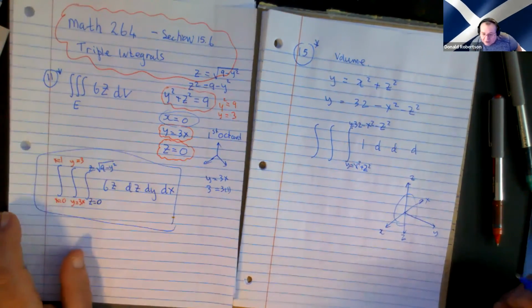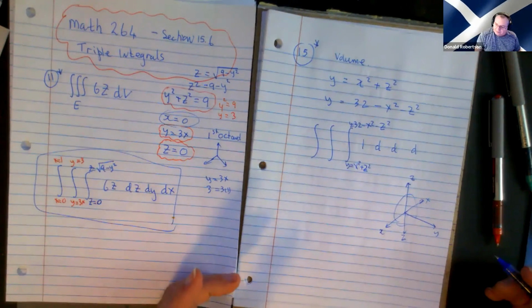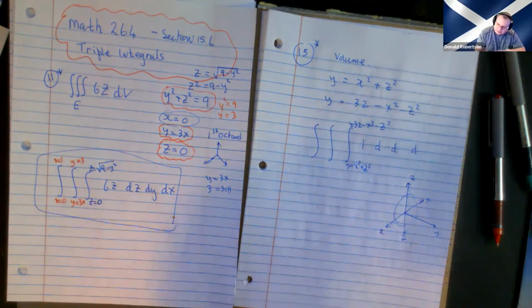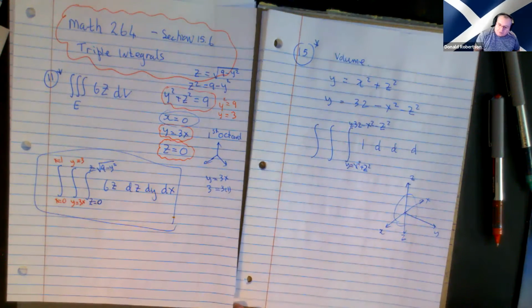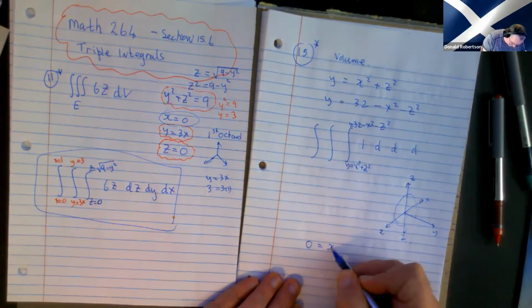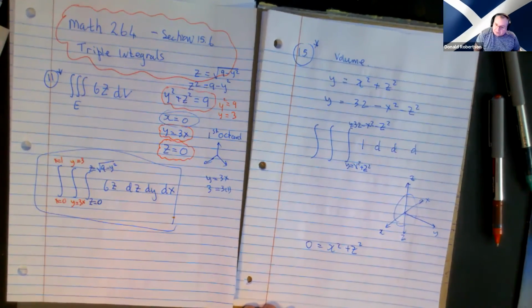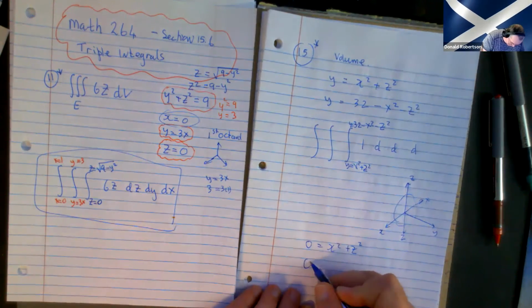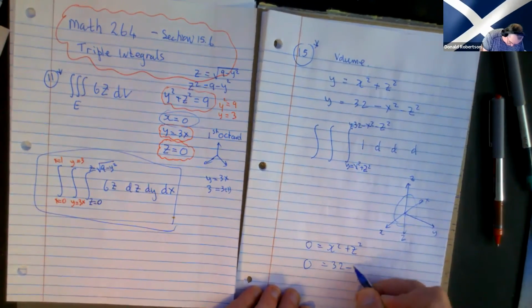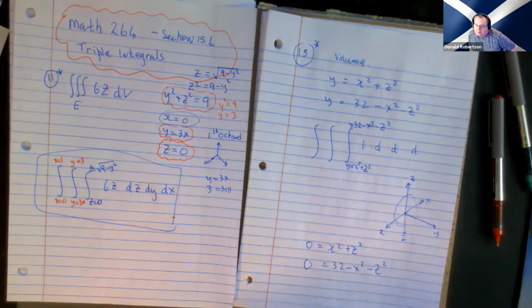And what that is telling me is that you make y equals 0, because it's on that plane, the y will be 0. So if I take this information, I now have x squared plus z squared equals 0. And I have 32 take away x squared, take away z squared. Are you with me right now? I've made y equals 0.